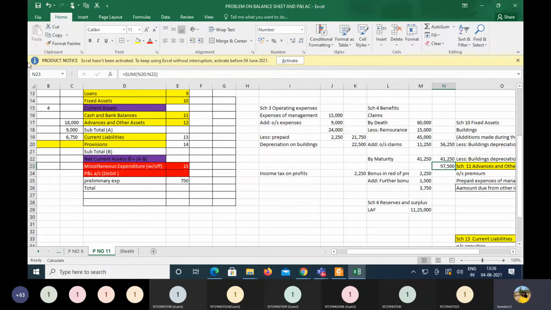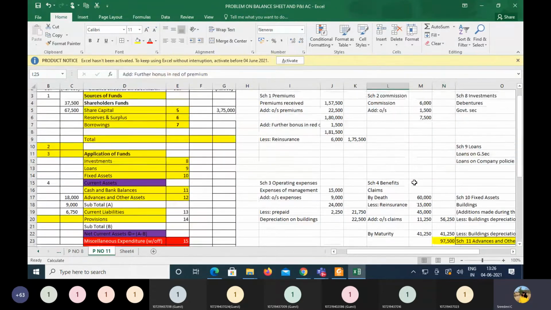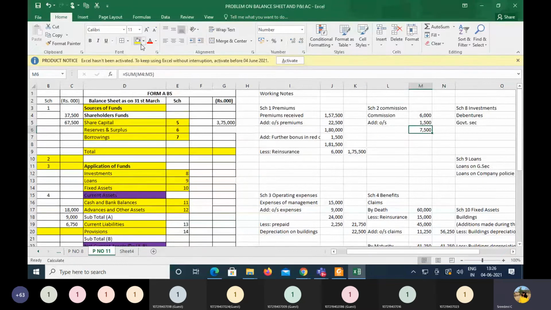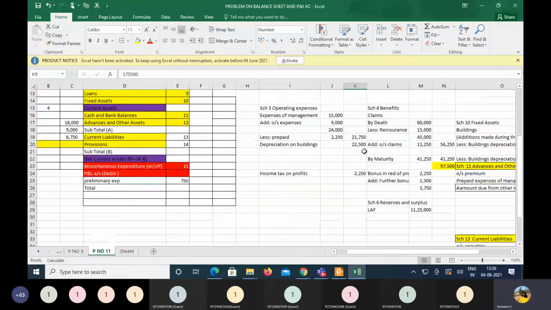I'll fill the boxes in a different color, only the totals, so that you can carry the totals to the statements, right? And this is also the balance, and the total of, including income tax and profits.